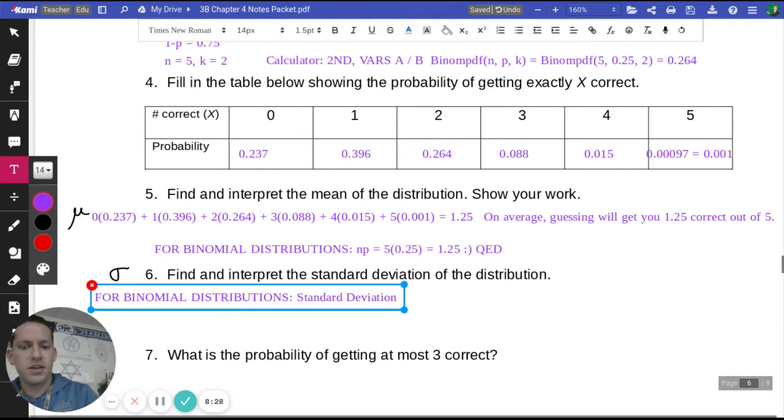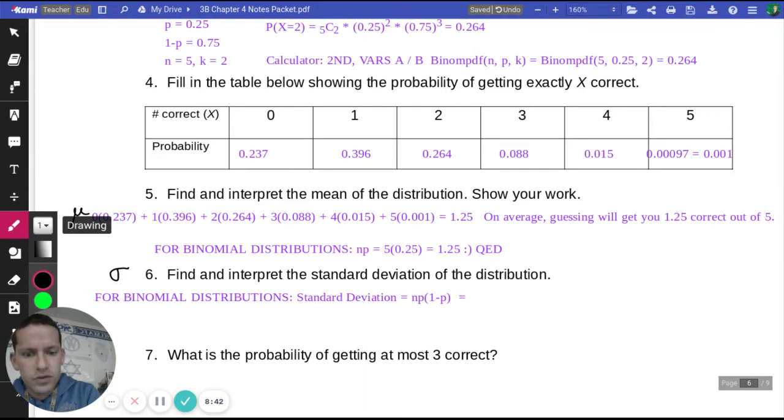Back to text. The standard deviation is going to equal the square root of n times p times 1 minus p. I'm going to throw in a square root symbol there. So the square root of all of that will equal my standard deviation.